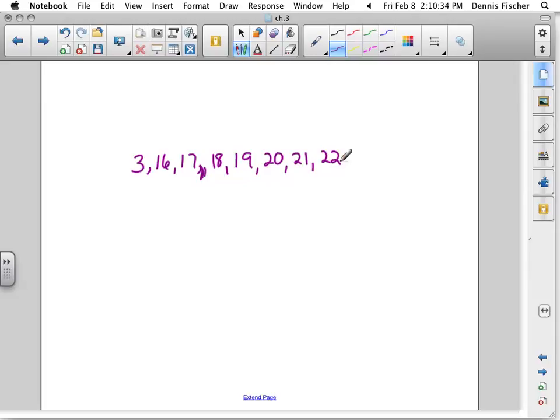Find your median. 18.5, right in the middle. Find your first quartile. And find your third quartile.